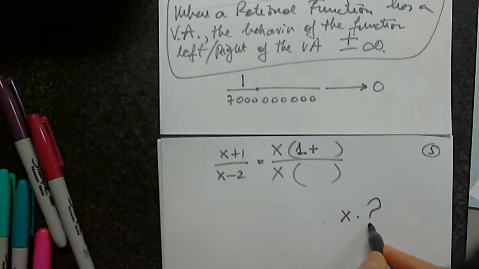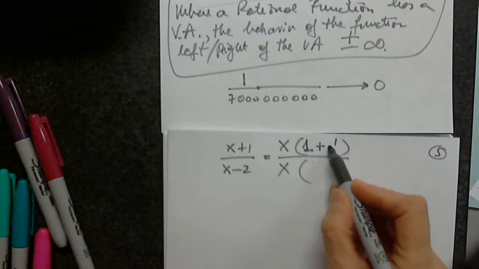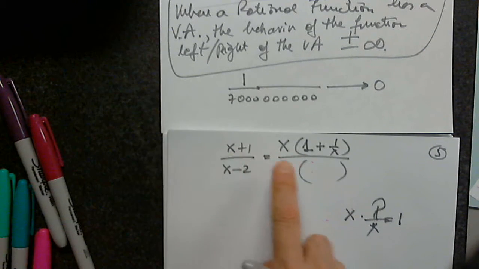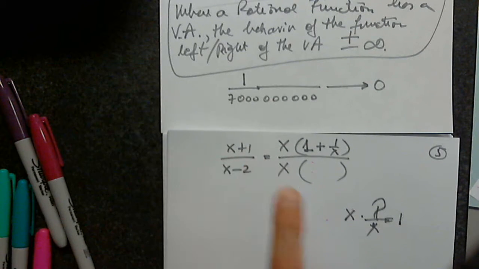Awesome. X multiplied by what is 1? X times 1 is not 1. Exactly, it's the multiplicative inverse, of course. So 1 plus 1 over x. Let's check. X times 1 is x. X over 1 times 1 over x is 1. Agreed? Perfect. So please tell me what you have in the denominator.